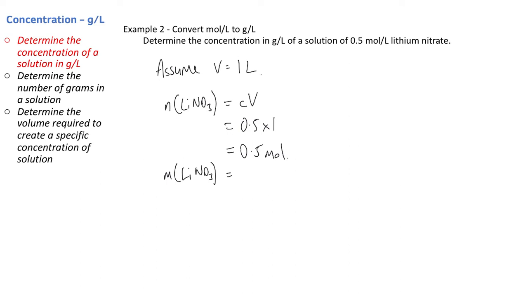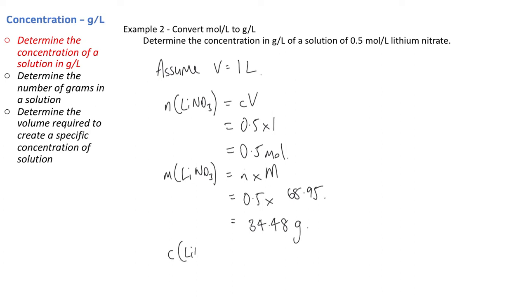How do we work out the mass? We do n times big M, which is 0.5 times 68.95, the molar mass of lithium nitrate, and you'll get 34.48 grams.